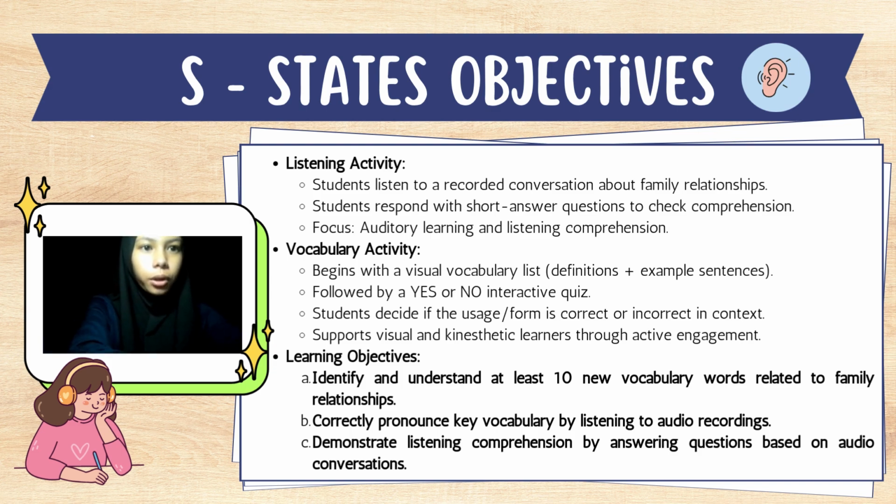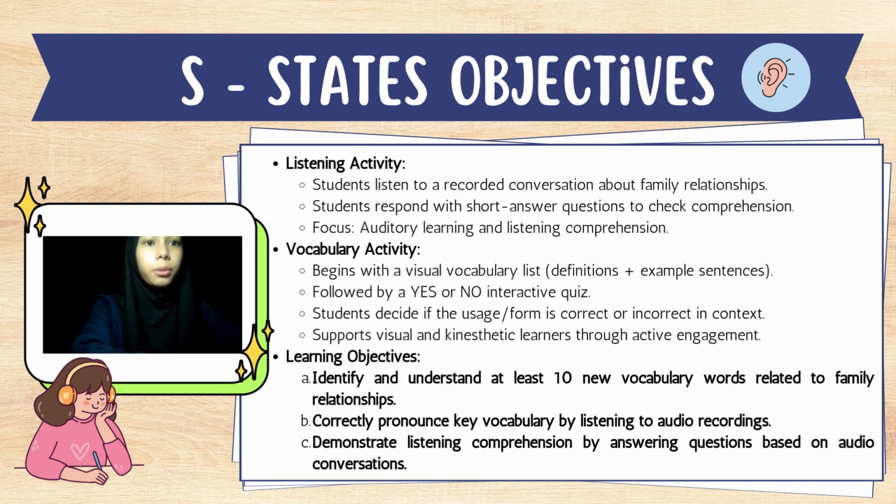The next activity is the vocabulary activity. That begins with a visual vocabulary list, like definitions plus example sentences, followed by yes or no quizzes, and then students will decide if the usage of the word is correct or incorrect in context. It supports visual and kinesthetic learners through active engagement.